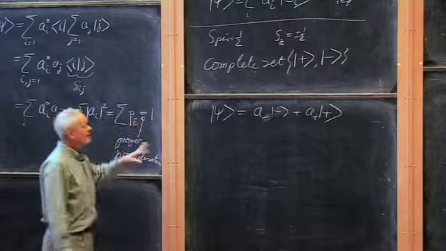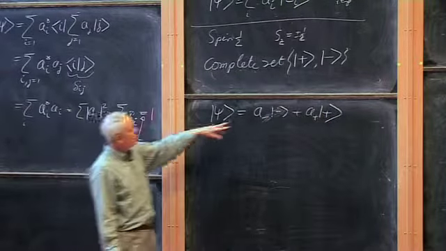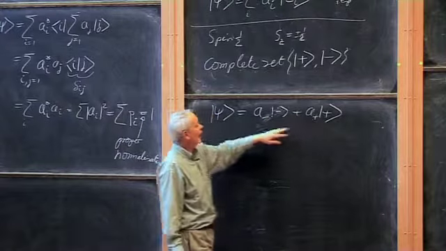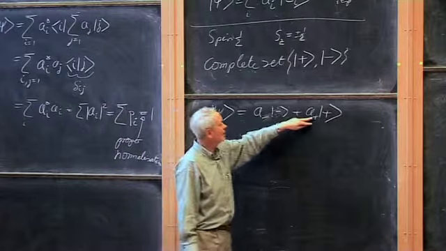So since this is a nice easy case, there are only two components to our ket, A minus and A plus.